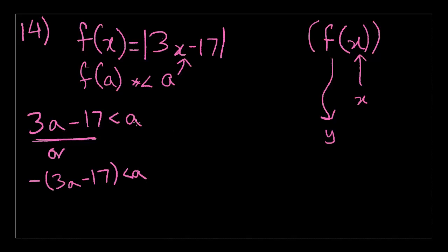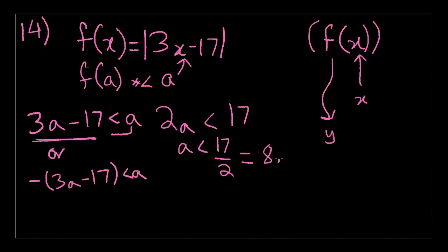Now we need to solve both of these. Let's start with the top one. When we subtract the a on the left side, we will get 2a is less than, then we add the 17 to the other side, 2a is less than 17. Then we find out that a is less than 17 divided by 2, which is also 8.5.